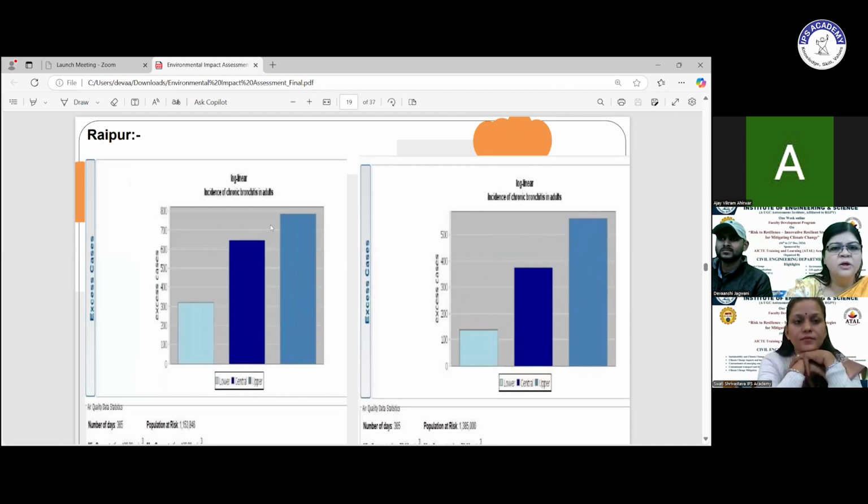We can compare the cases due to the air pollution, incidence of chronic bronchitis in adults. We can see in 2016-17 it is higher as compared to 2022-23.